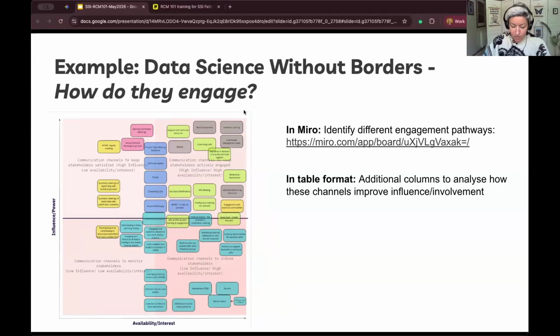And Oscar, while you were talking about the fellows, I was thinking that even within communities, we've got different kinds of missions. So this might be something that we want to do more than once. For a specific part of the SSI mission, you might need to do this activity in one way and then do it again for a different activity.